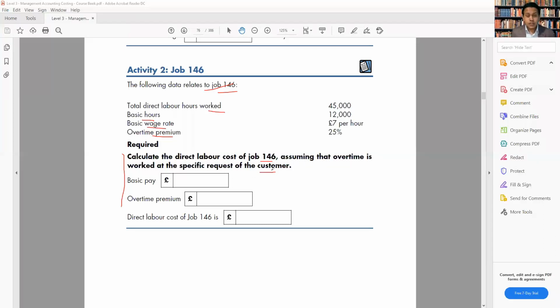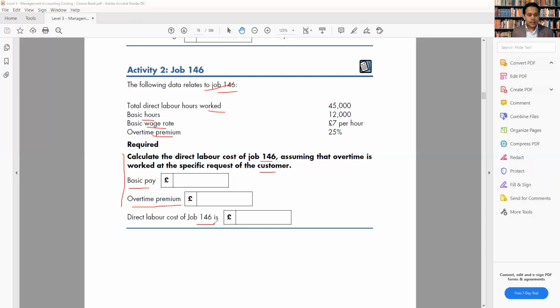So if the overtime is for the specific request of the customer, the overtime will be treated as a direct cost. So basic pay, overtime premium, direct labor cost, job 146 total. Let's get the total basic pay, total overtime and total cost.